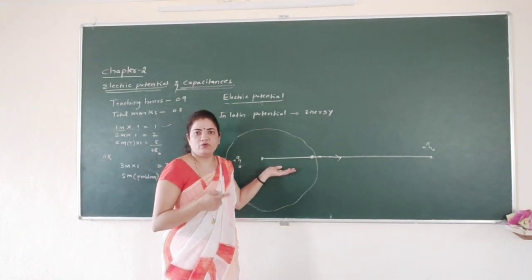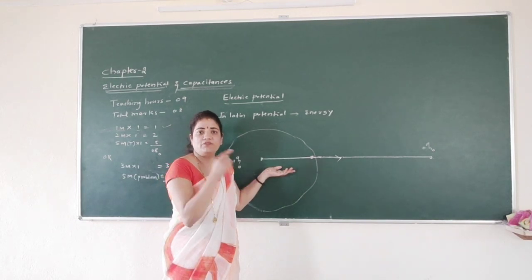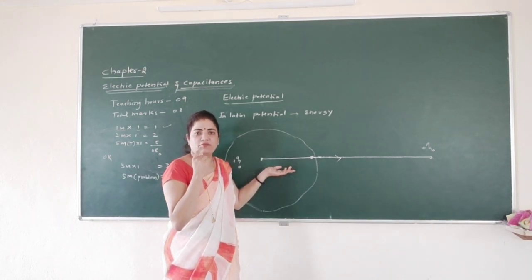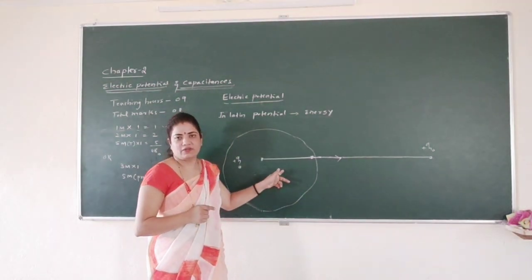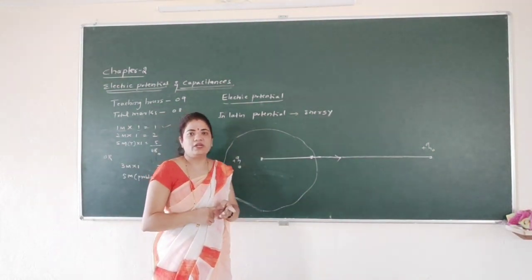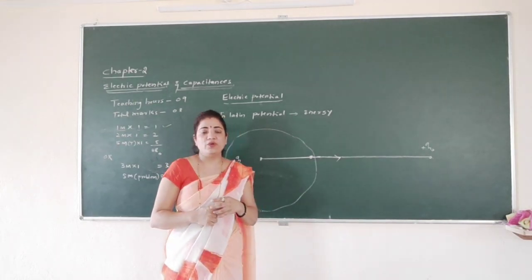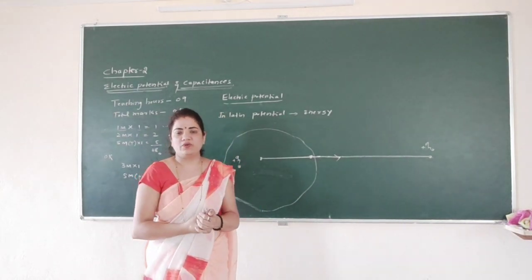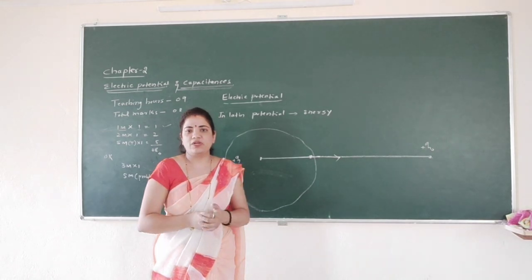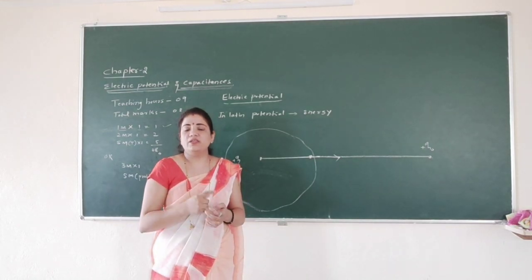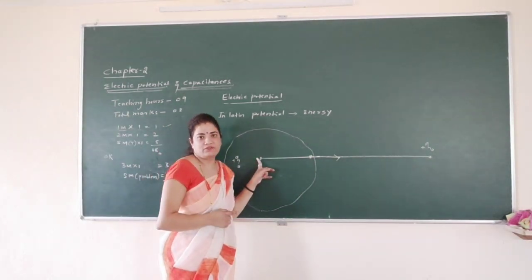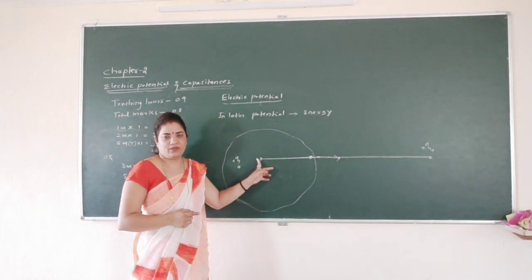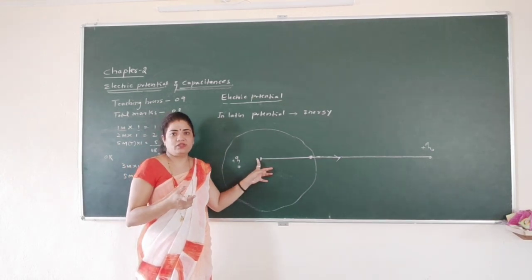We are doing work to bring the test charge from infinity to one point in an electric field. So the work done in bringing unit positive charge, or we can call it a test charge also, from infinity to a point in an electric field. See, concentrate on the sentence.